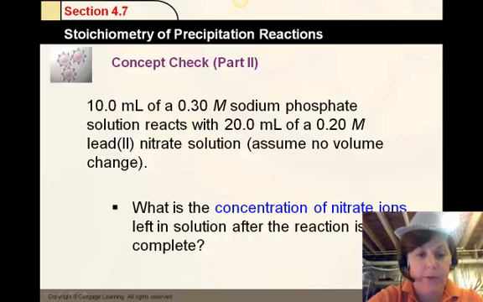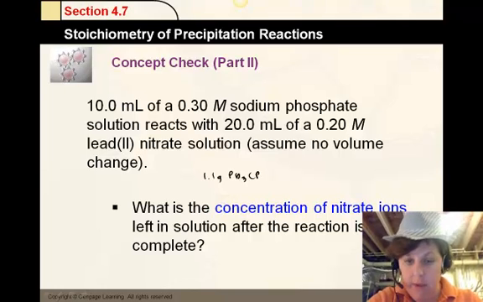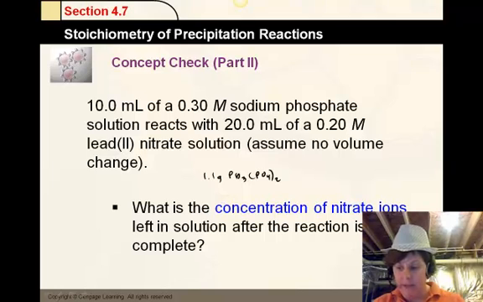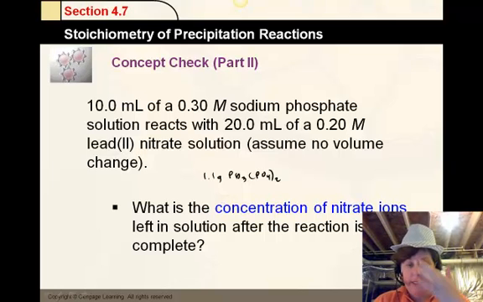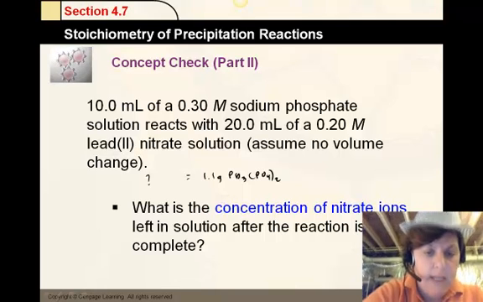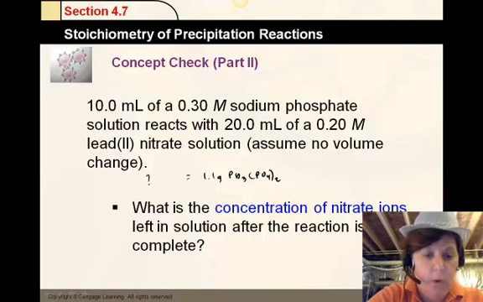Well, of course, we produced 1.1 grams of the lead phosphate, Pb3(PO4)2, and we would like to know how much nitrate ions are left in solution. So how many, and I guess it's going to be molarity, I'm going to do moles.